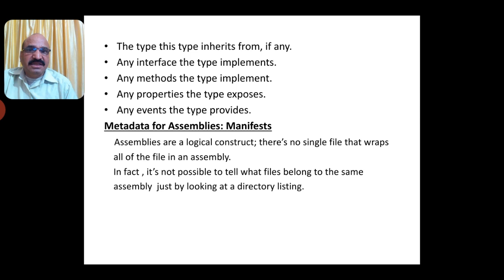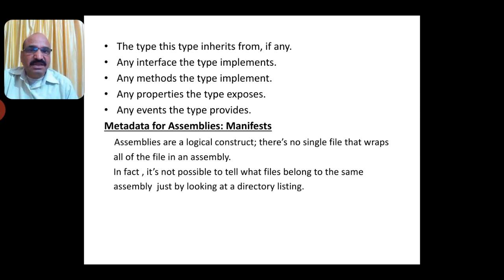As just described, the metadata in a module such as a DLL contains information about the types in that module. An assembly manifest, by contrast, contains information about all of the modules and other files in an assembly. In other words, a manifest is metadata about an assembly.